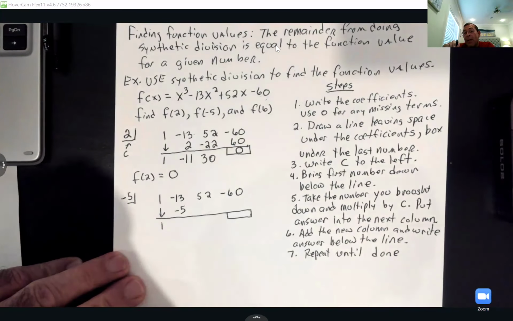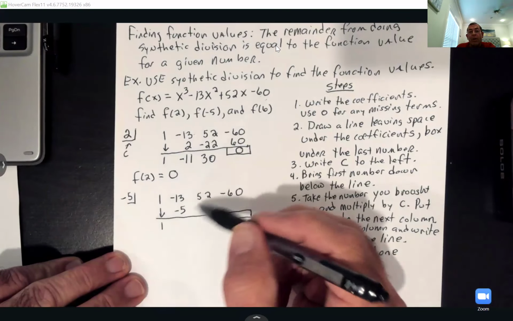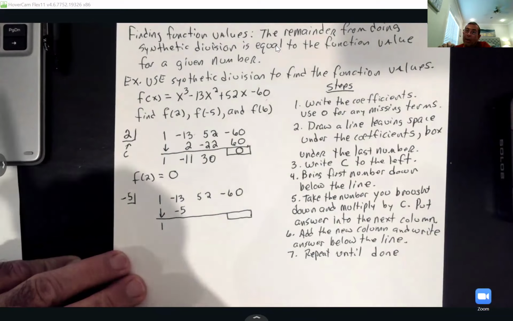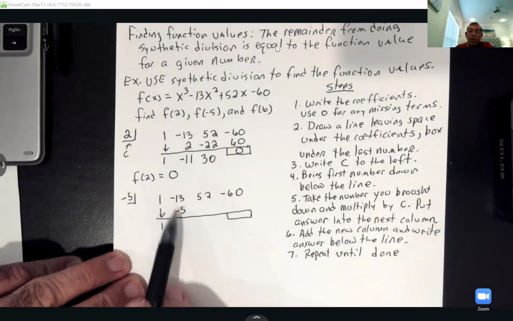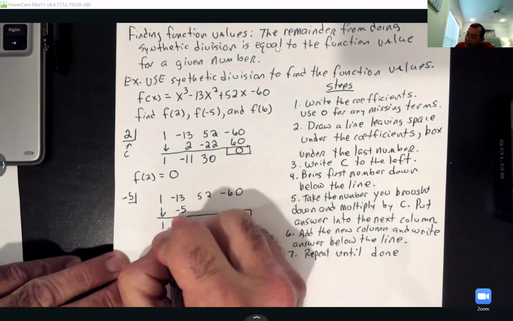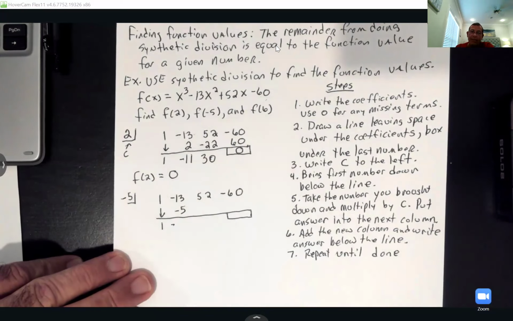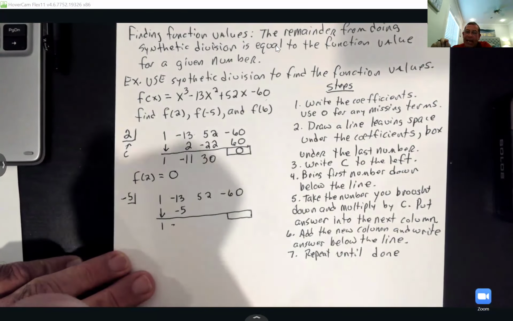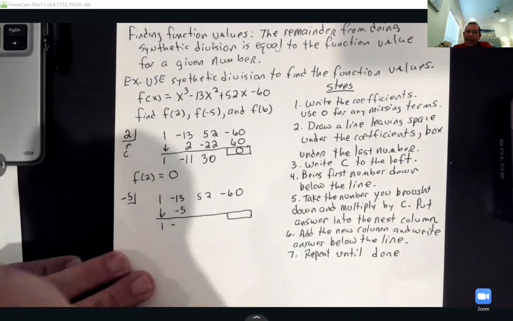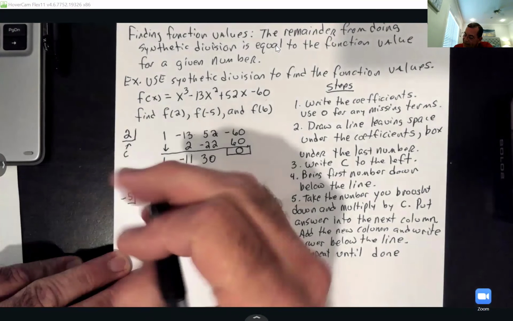Now, I'll tell you where I get people: when you're doing the adding and subtracting, that gets more people than anything. 2 negatives when you add will stay negative, okay? Remember, like signs add and keep their sign. So a negative 13 and negative 5 is a negative 18.